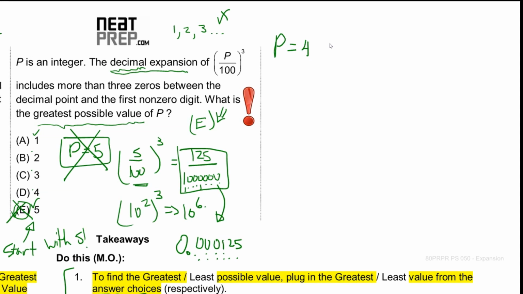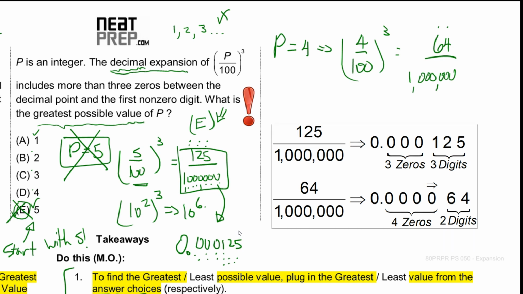If p equals 4, then 4 over 100 cubed yields 64 divided by 1 million. It's sufficient to see that 64 no longer occupies 3 decimal places, as did 125. 64 has only 2 digits, whereas 125 has 3 digits.